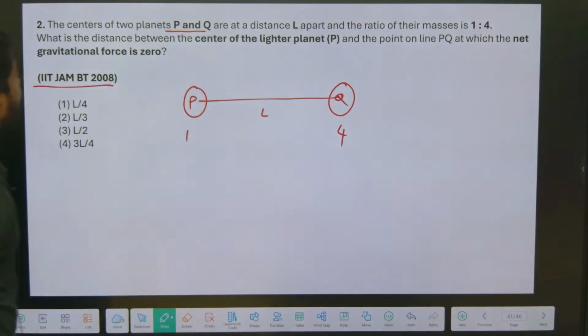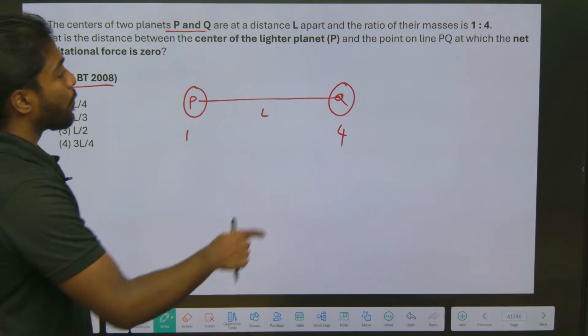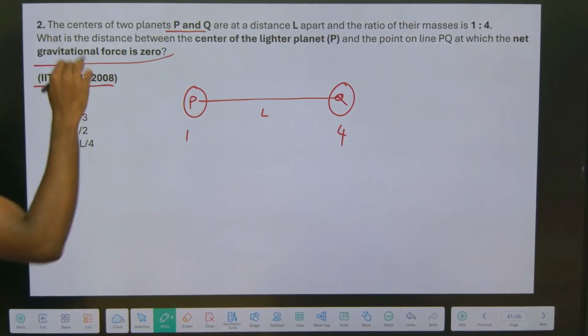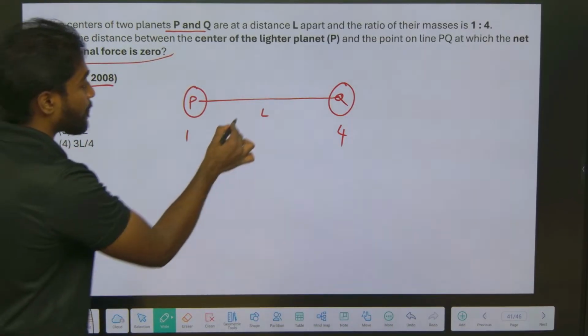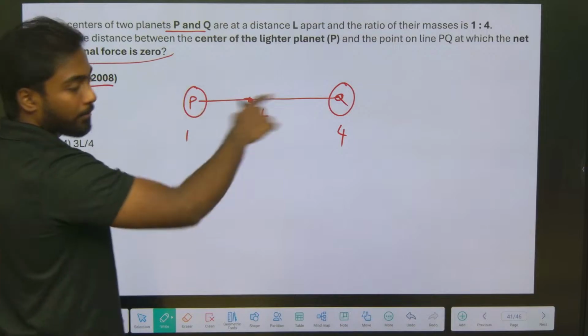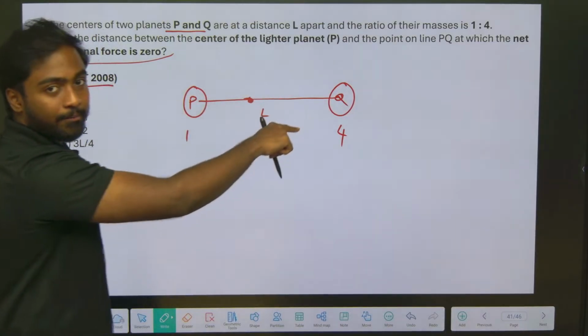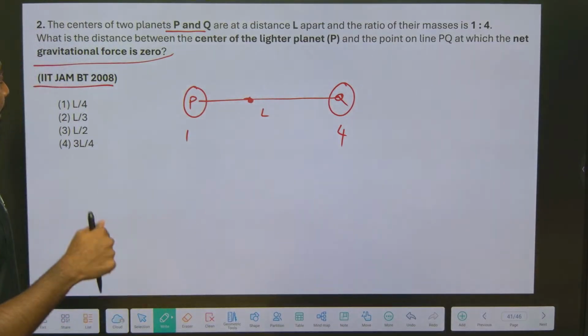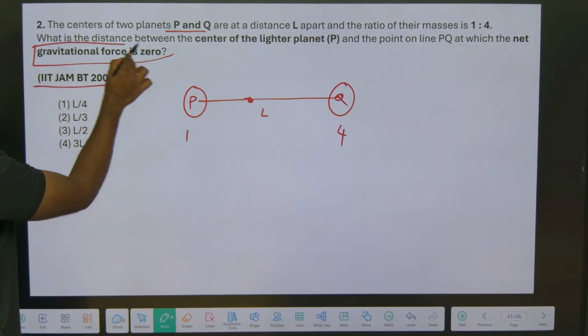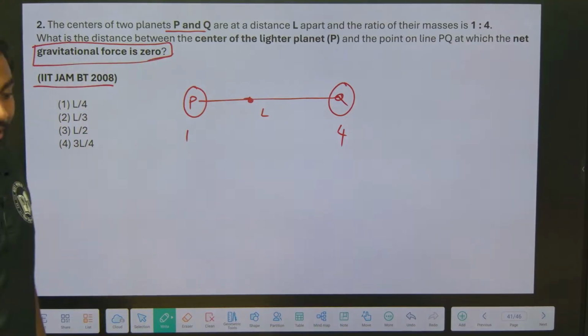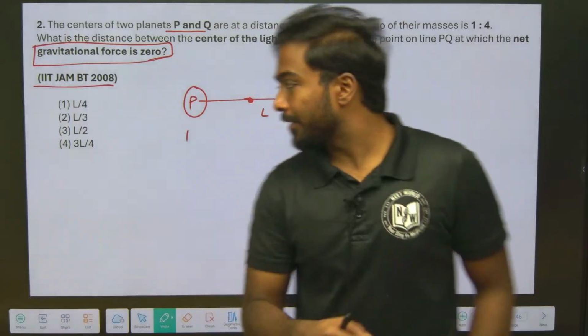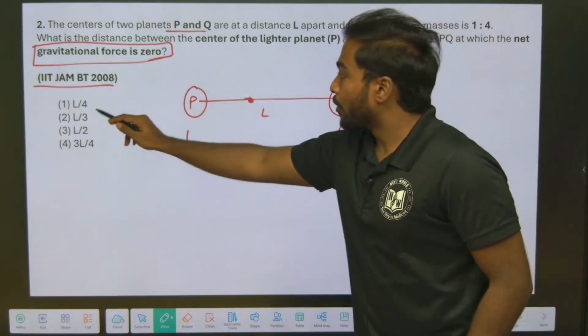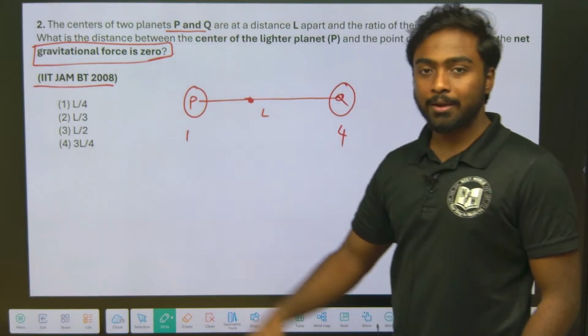What is the distance between the center of the lighter planet P and the point on line PQ at which the net gravitational force is 0? Somewhere on this line, at some point, I can experience zero gravitational force. The options are L/4, L/3, L/2 or 3L/4.